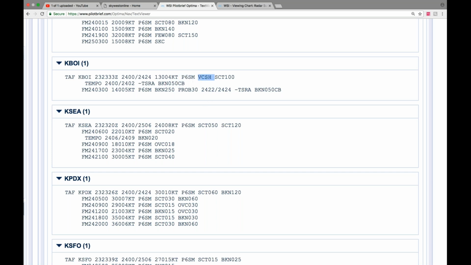But rather than vicinity showers, we're expecting light rain with thunderstorms over the field. And rather than scattered at 10,000 feet, we're expecting broken at 5,000 feet with cumulonimbus clouds. But once we're at 0200Z, from 02 to 0259, we refer back to this line. Does that make sense?